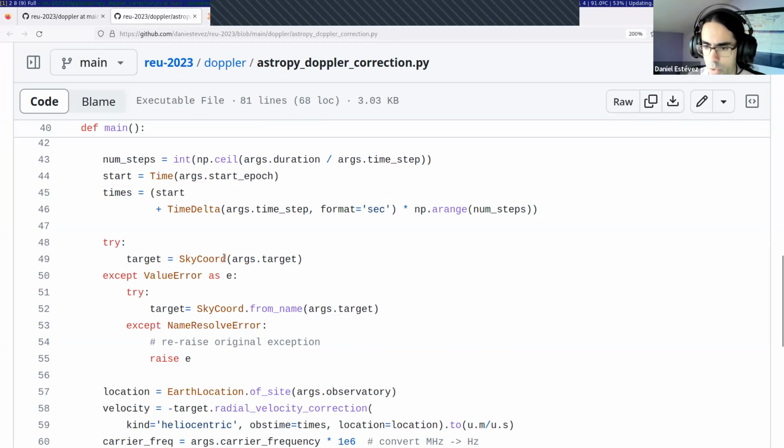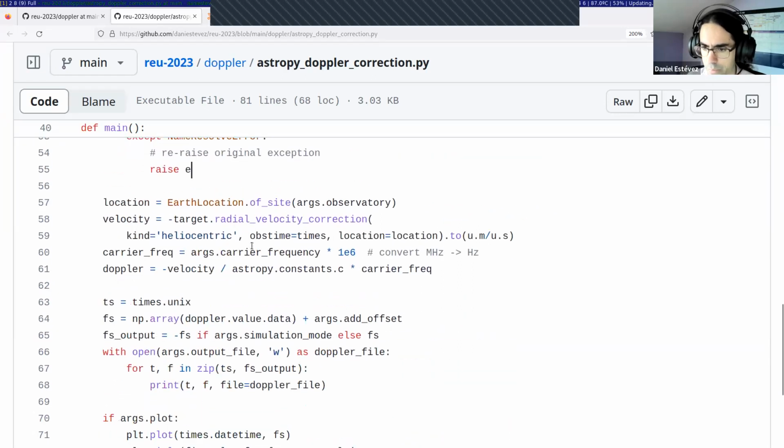So this function with a name will fetch the target, but if it doesn't, this other function will, if this looks like a right ascension and declination, parse it, and we will get a target with the right ascension and declination we have specified. If this fails, then we try to fetch the target by name from the catalog. And if we cannot resolve the catalog name, then we basically raise an exception and complain.